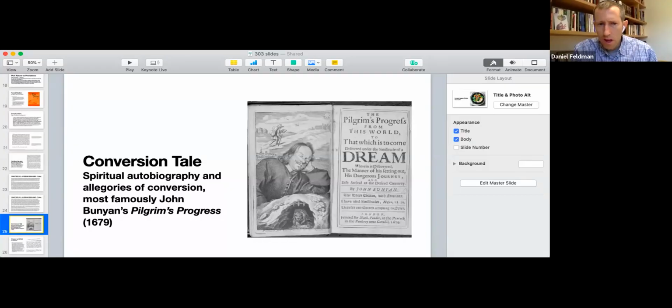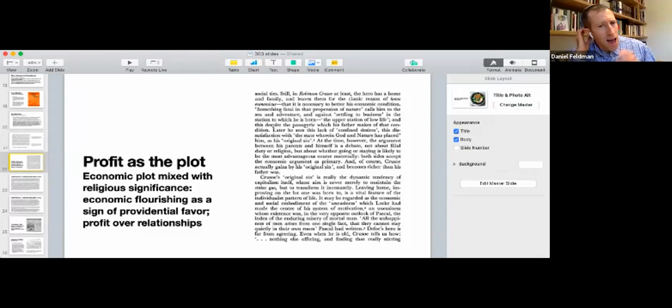Now let's get to this element. So the economic motive: it is profit as the plot. Sharing once again. And with this, we'll bring things to a conclusion in a few more minutes. Profit as the plot.